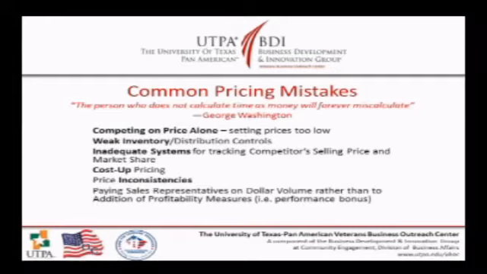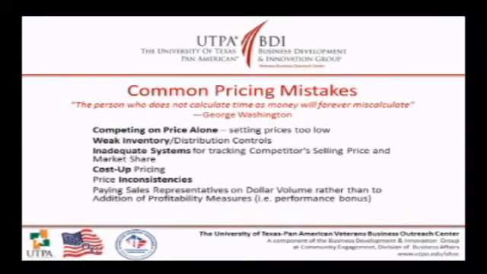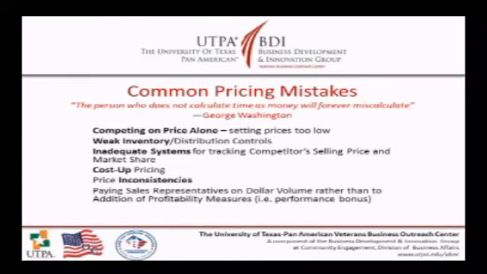Weak inventory or distribution controls. This is another common mistake. I don't know how many times I've said I'm very upset with this company because I go to buy something and they're like, well, we don't have it at that price. We'll have it in like 2 weeks. I get very upset about that.